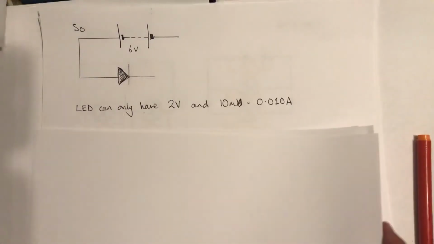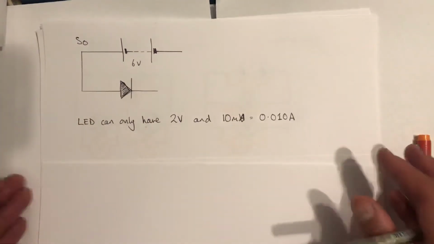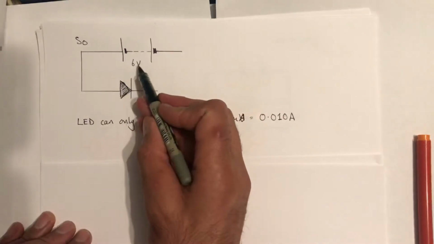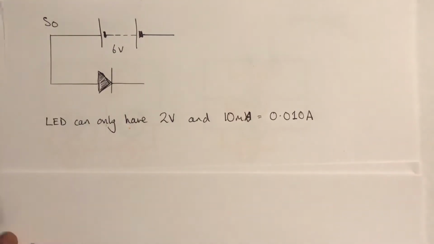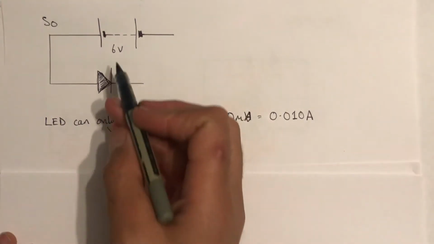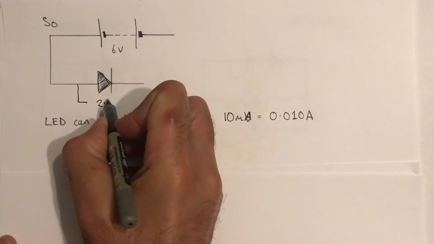So what I've done here is I've started an LED circuit, and you can see that I start off with my 6-volt supply. Can I just zoom in a tiny bit to make that a bit bigger? If I start off with a 6-volt supply, now my LED only wants to have 2 volts across it.